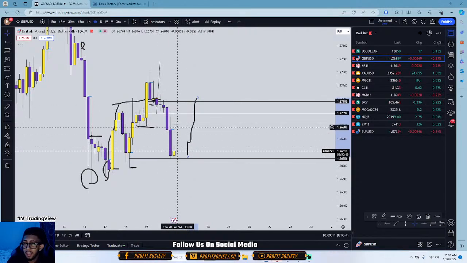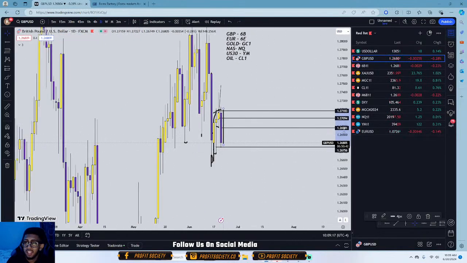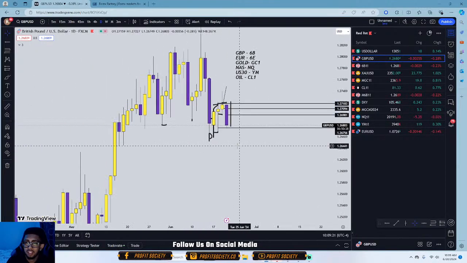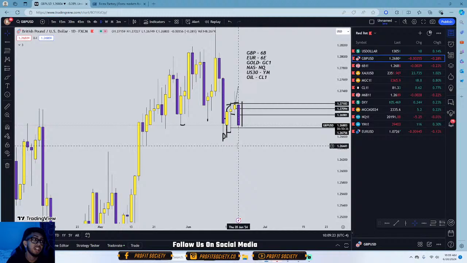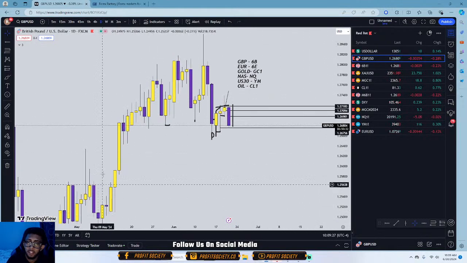If the 4 hour candle closes a little bit more bullish, that would also give a little bit more confidence. But the way that this daily candle is looking right now, buying into this is pretty scary, because there is a huge possibility that we just close like that.